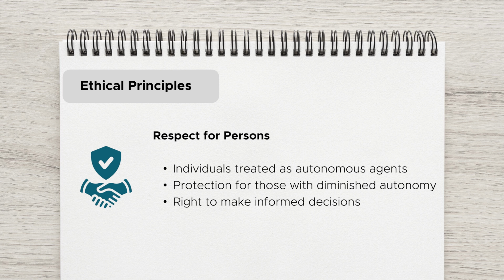Second, there should be protection for those with diminished autonomy, and we will see what that means. Third, there should be a right to make informed decisions, and this informed decision must be reflected in the consent form that must be provided to an individual participant at the very beginning of the research study.